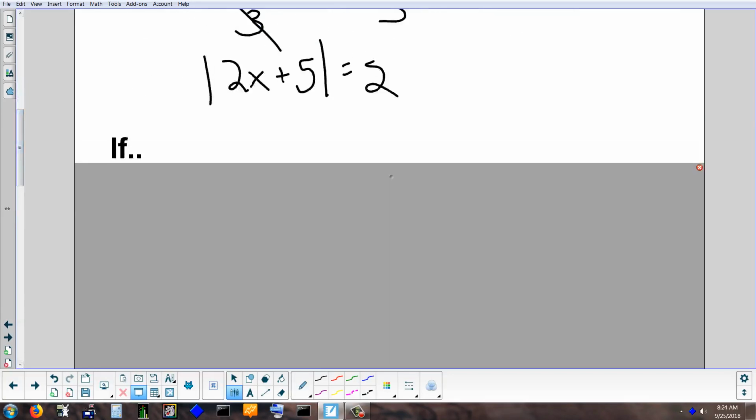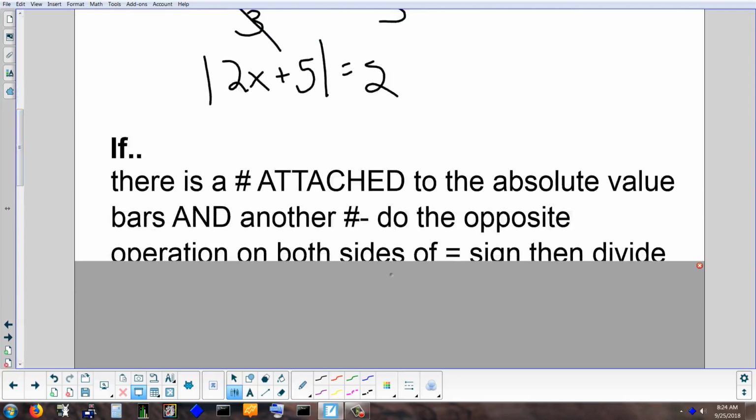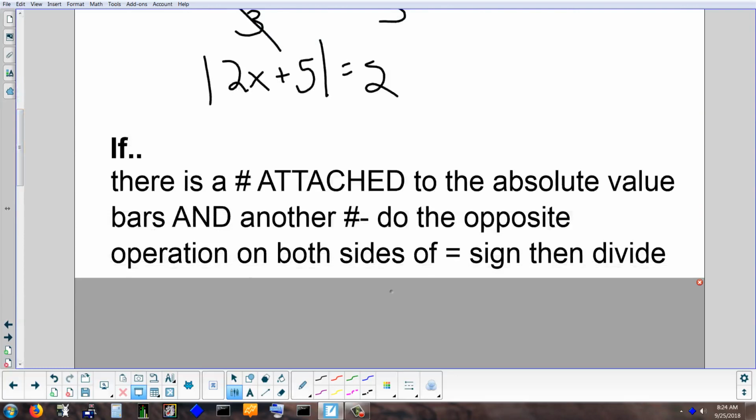Another situation you may have, if you have a number attached to the absolute value, like we had up here, with the 3 and the x plus 5 equals 6, and another number, again, when you see the example in a second, it'll make sense. Do the opposite operation.